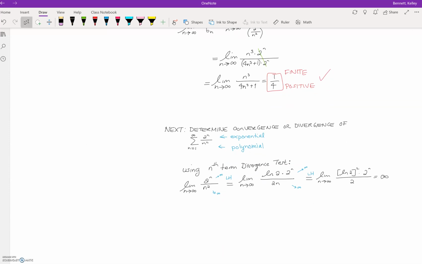So the nth term divergence test tells us that our series, n equals 1 to infinity of 2 to the n over n squared, diverges.